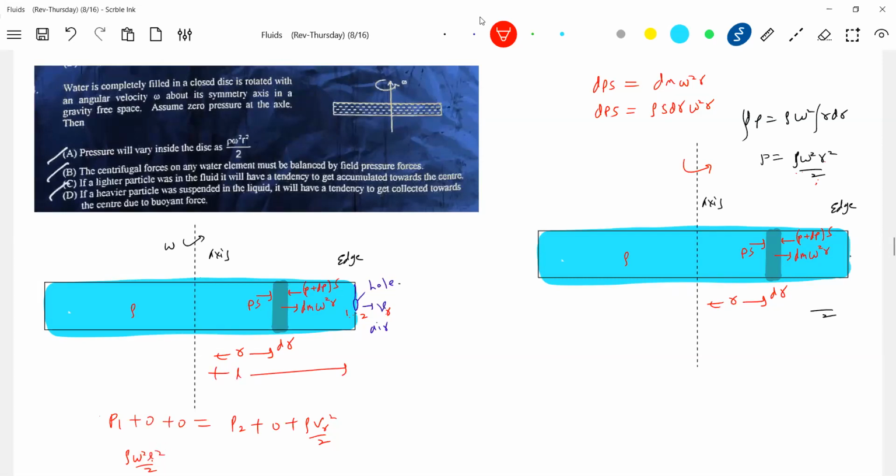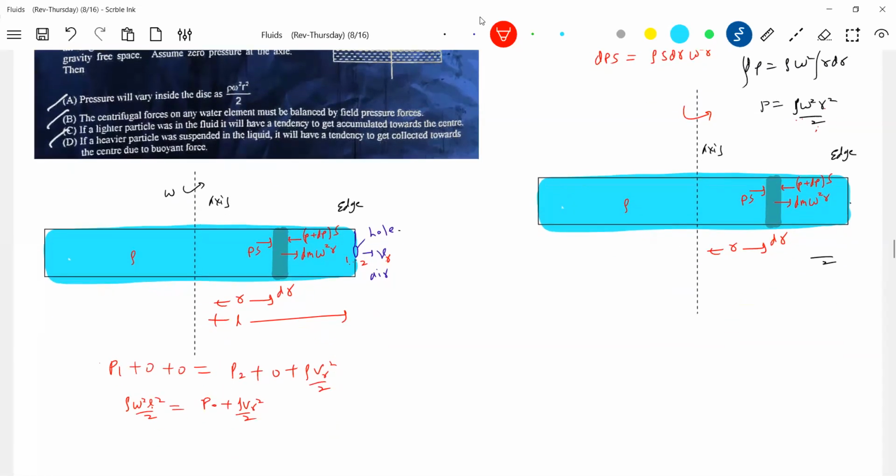In that case, it will become rho omega square L square by 2 equal to pressure P naught plus rho VR square by 2. If he makes any hole or anything, you can put atmospheric pressure P naught, then that P naught can get eliminated. Fine. So these are some things you remember. So this is VR.